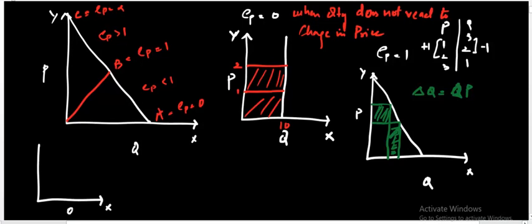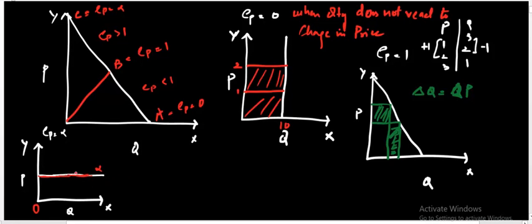Again taking quantity on the x-axis and price on the y-axis. So elasticity of price is equal to infinity. Typically what happens in this case is that with a small change in the price, the quantity demanded pushes from 0 to infinity.